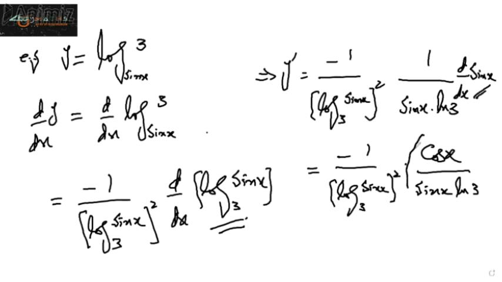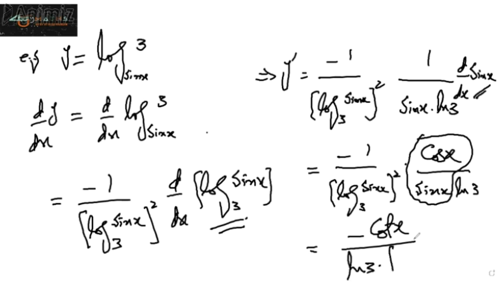Now clearly cos divided by sine gives cotangent. So this gives minus cot x divided by natural log of 3 along with log of sine x to the base 3 whole square.